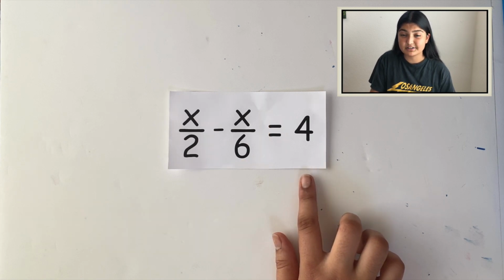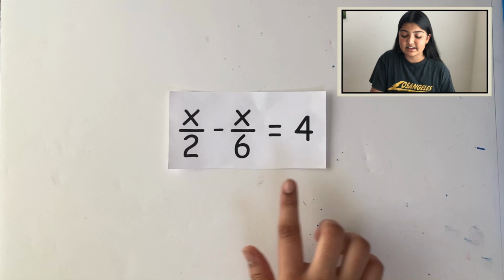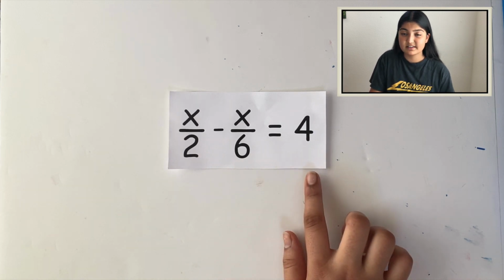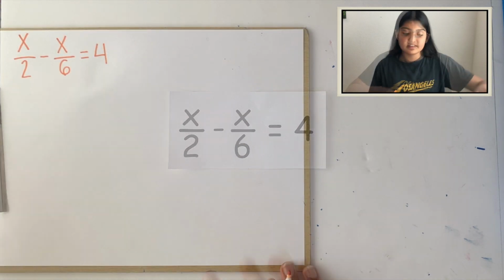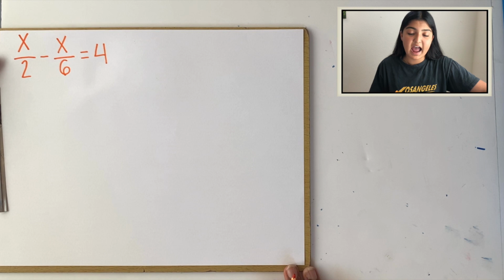In this equation, we are also dealing with fractions. So, in order to solve this equation, we need to get rid of these fractions. But how can we do that? Let's start by rewriting this equation. Here, I have rewritten this equation.